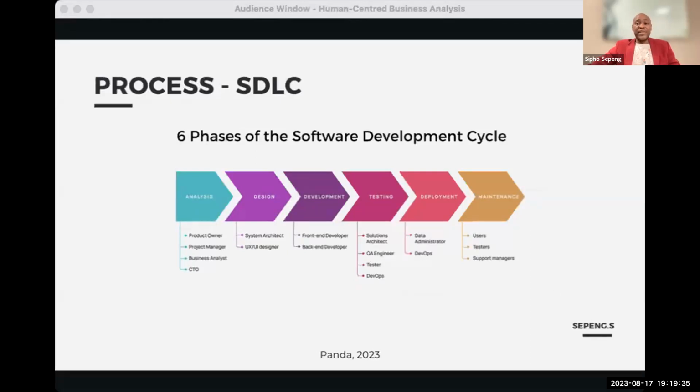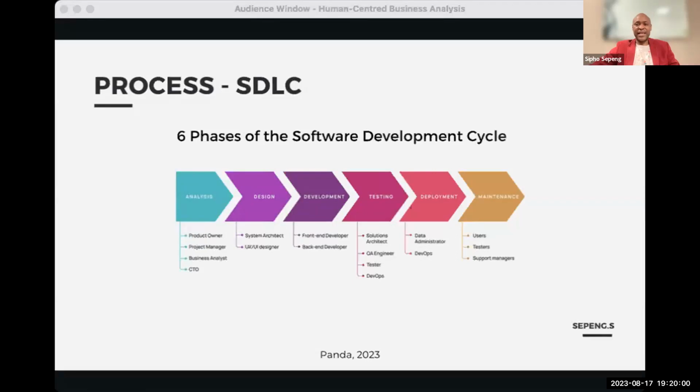The SDLC process is just a generic process for design thinking. Now that we've looked at the definition of business analysis and the mindsets thereof that govern the practice, let us look at how this is applied in a process. So the SDLC is a process that defines the various stages involved in the development of software for delivering a high quality product.